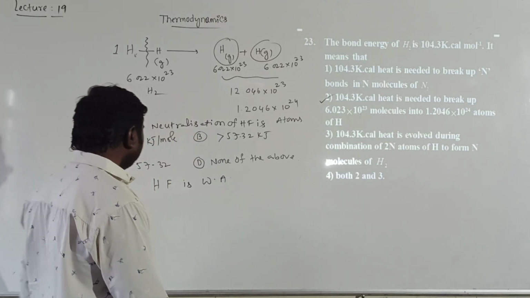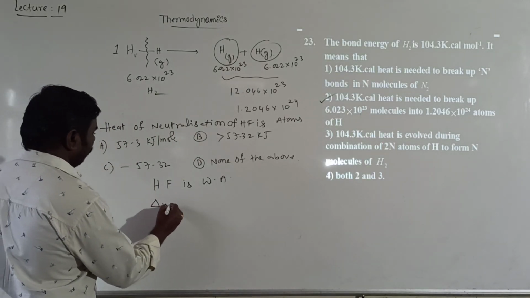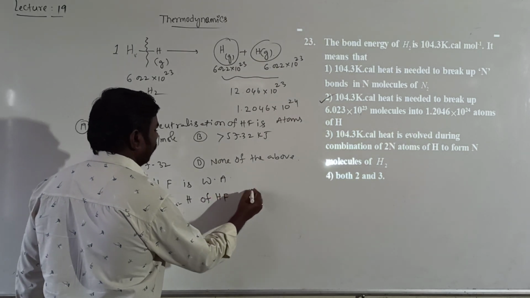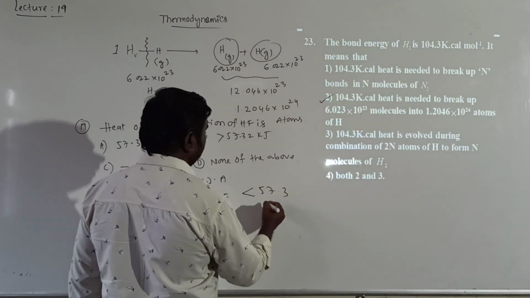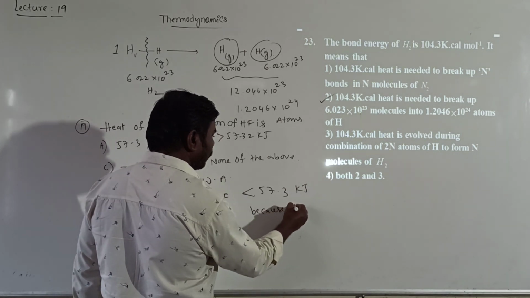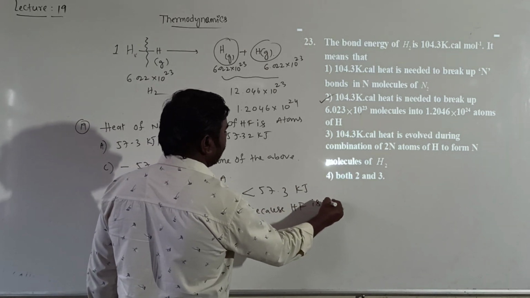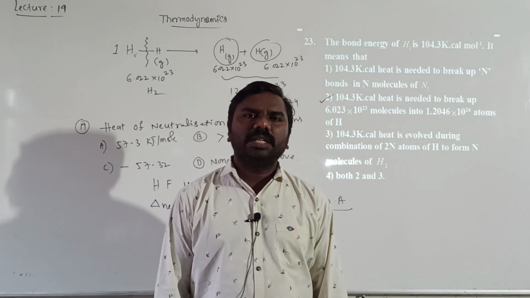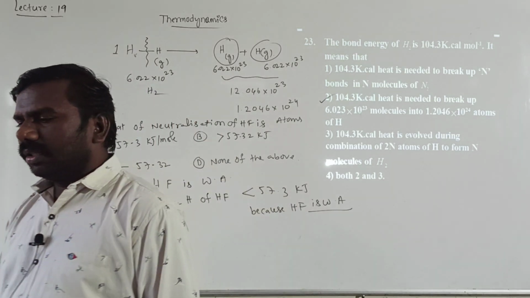So the enthalpy of neutralization of HF will be less than 57.3 kilojoules because HF is a weak acid. Getting, students? So this is the answer.